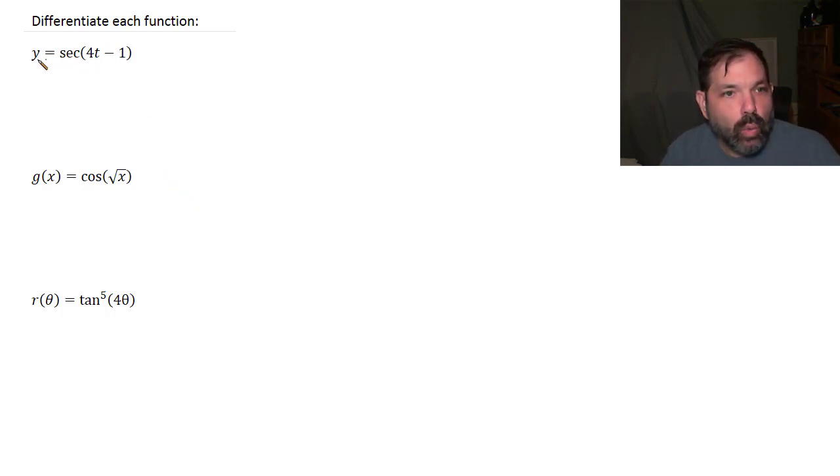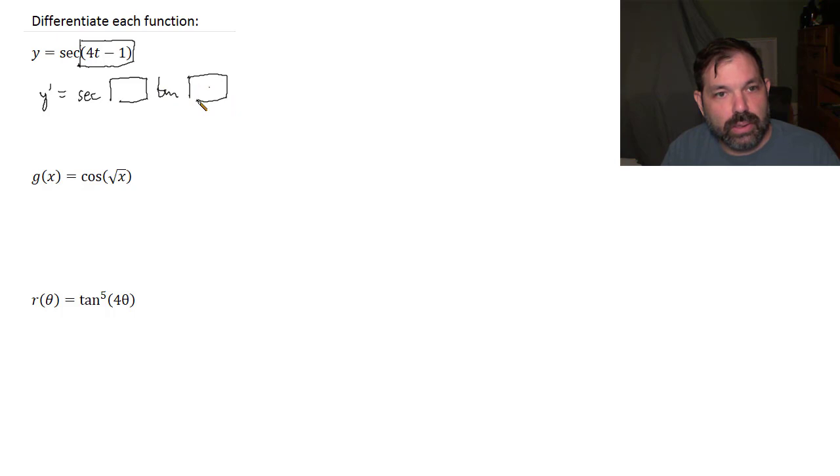All right, so here I have that y is the secant of 4t minus 1, if I'm going to think of that 4t minus 1 as the box. Now the derivative of secant x with respect to x was secant x tangent x. So y prime, differentiating with respect to t, is secant box tangent box times the derivative with respect to t of what's in the box.